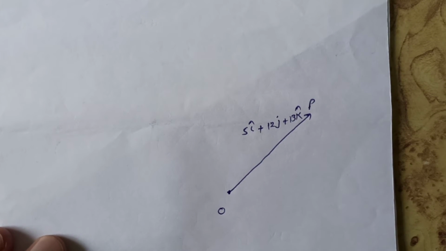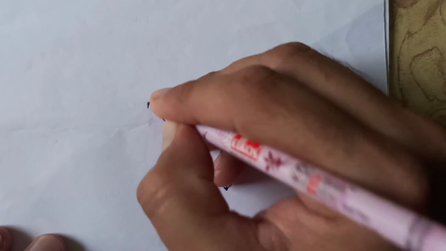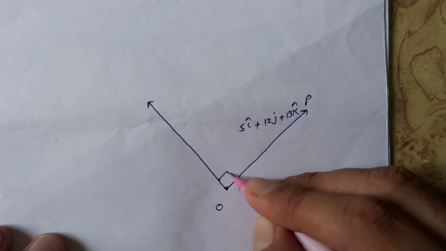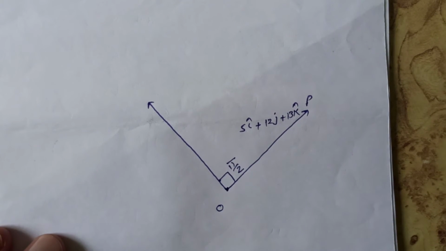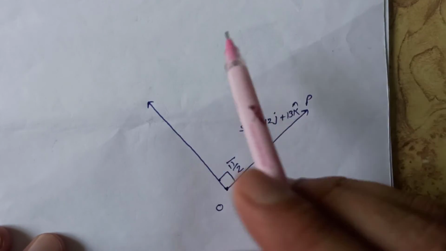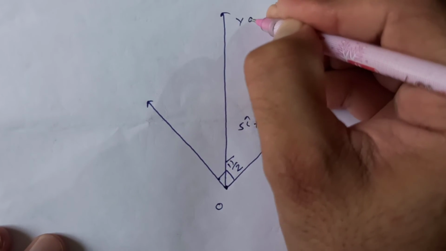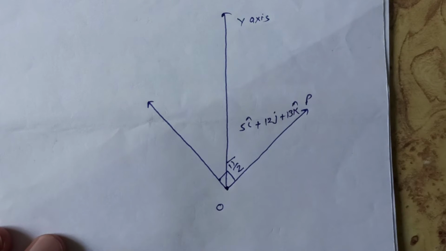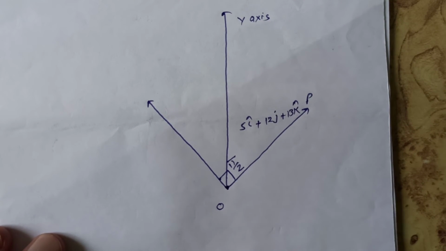It turns through an angle pi by 2 about O, passing through the positive side of the y axis. On the way of this rotation, it passes the positive y axis in its path. Find the vector in the new position.